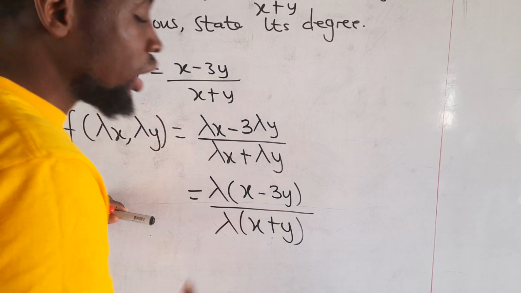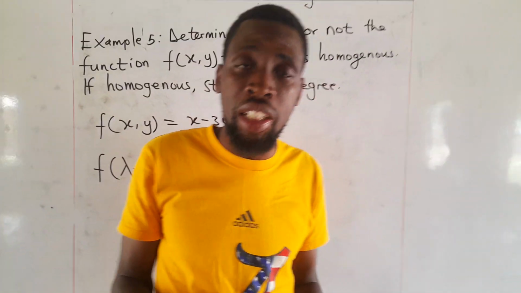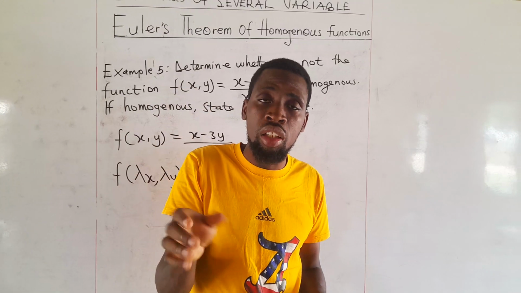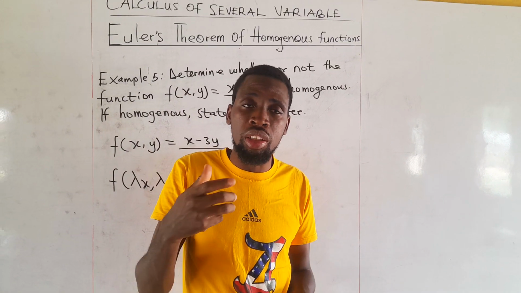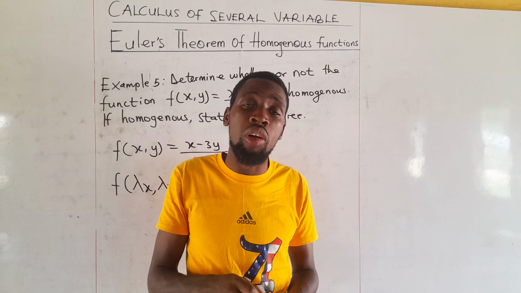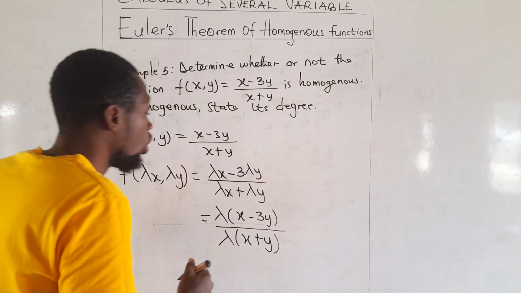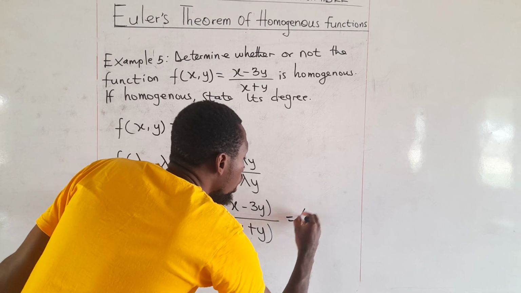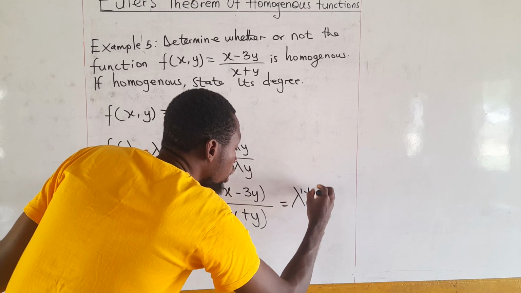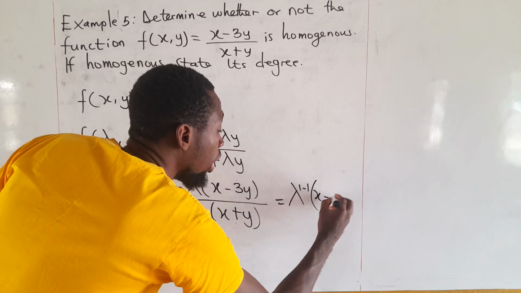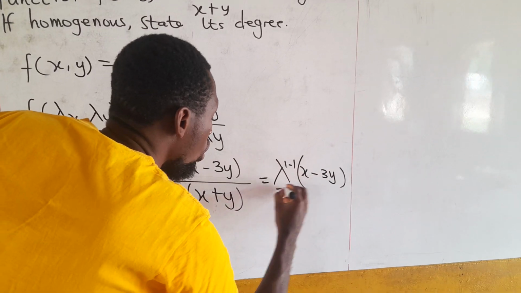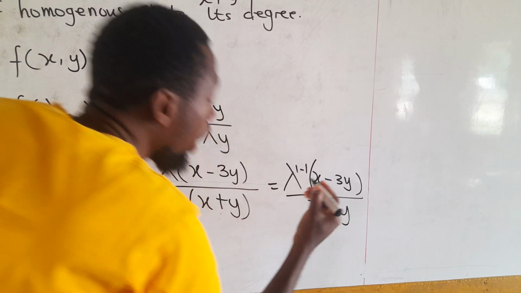And remember when two indices with the same base are divided, we just repeat one of the base and subtract the exponent. I hope you know that. So we'll rewrite this as lambda 1 minus 1 bracket x minus 3y all over x plus y.